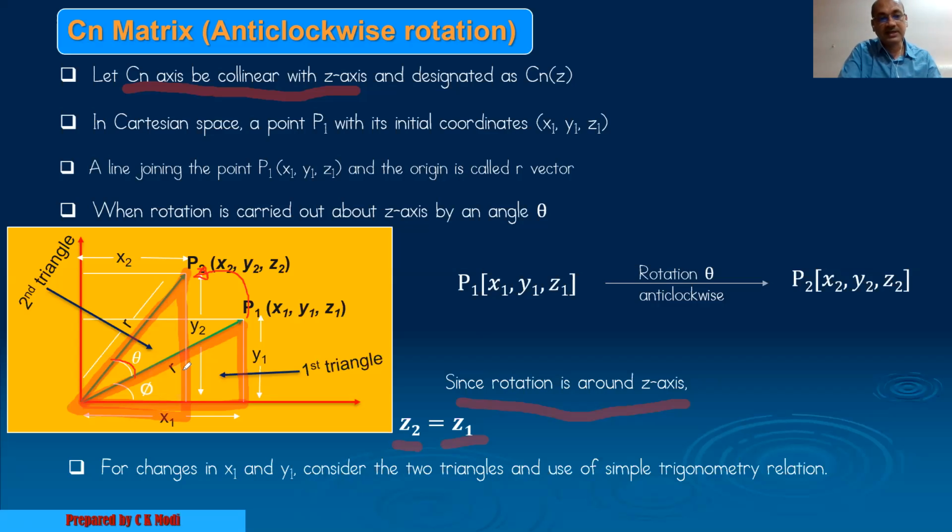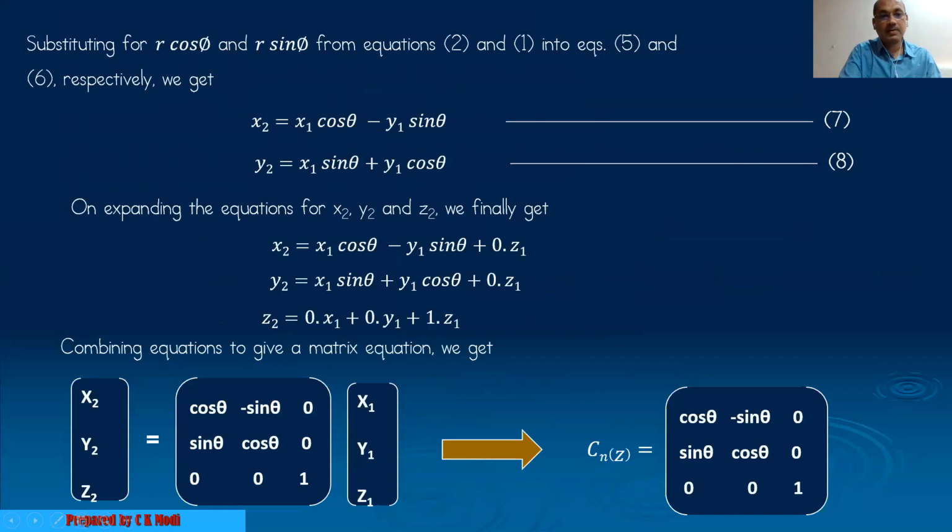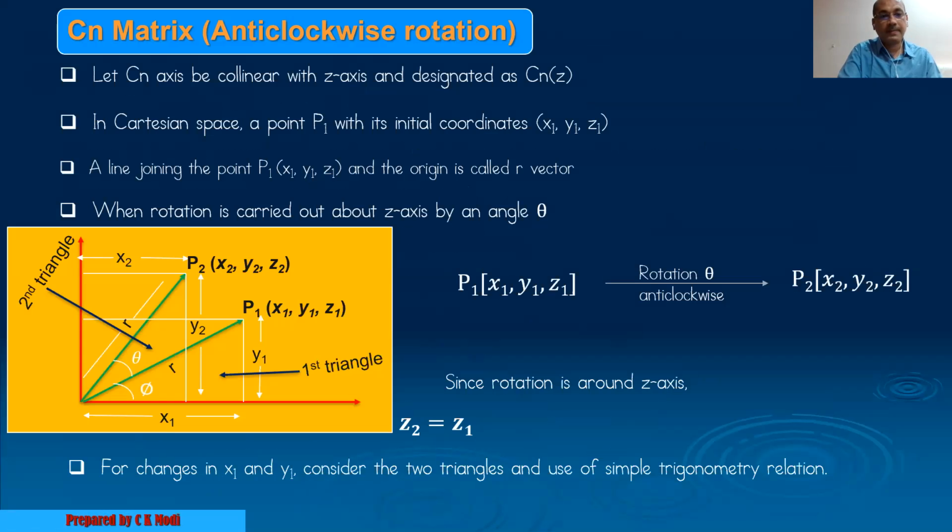Consider the two triangles. This is the first triangle, and this is the second triangle. So for the first triangle, look at this first triangle.